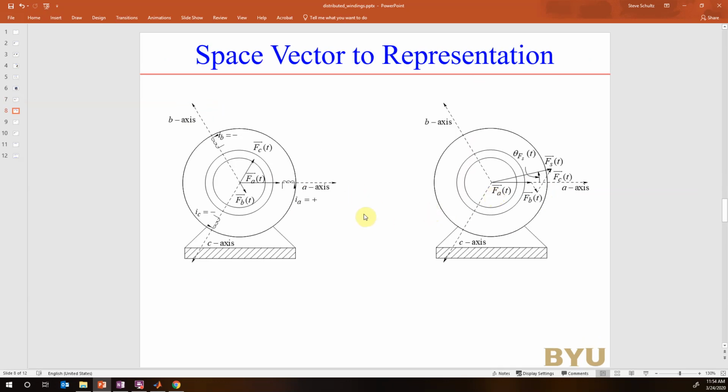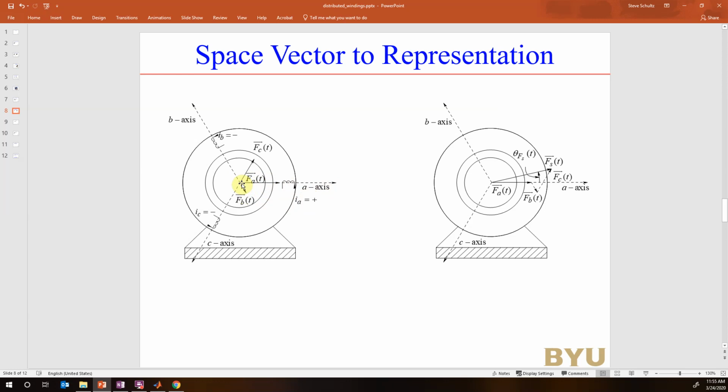So what we're going to do is model these different axes with space vectors. The space vectors tell you the direction that your magnetomotive force and the direction that your magnetic field and magnetic flux densities are going to go. We have one that's labeled A, and it's always going to point in the A axis, which is 0.